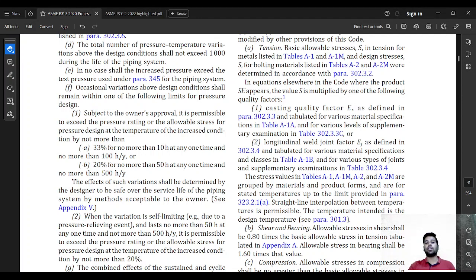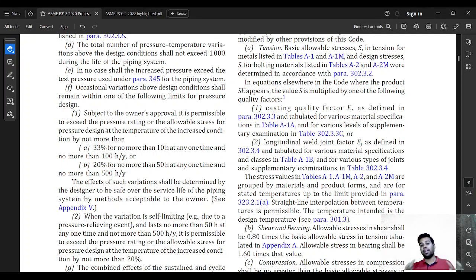Subject to owner's approval, it is permissible to exceed the pressure rating or the allowable stress for the pressure design at the temperature of the increased condition by not more than 33% for no more than 10 hours at any one time and no more than 100 hours per year, or 20% for no more than 50 hours at one time and no more than 500 hours per year.